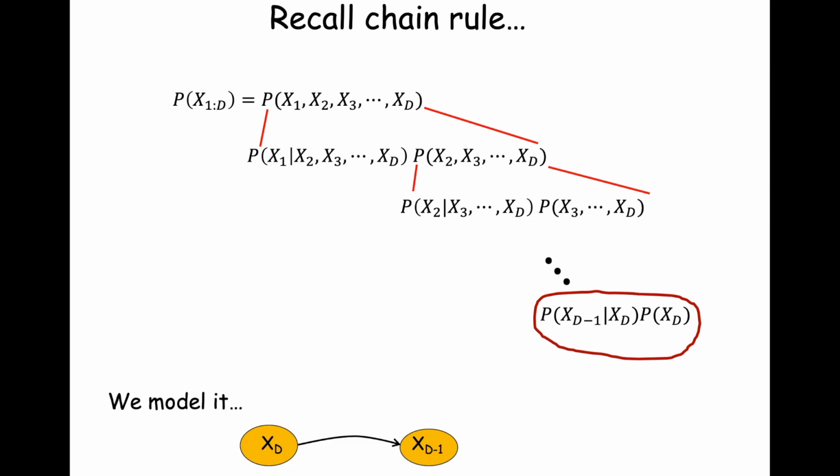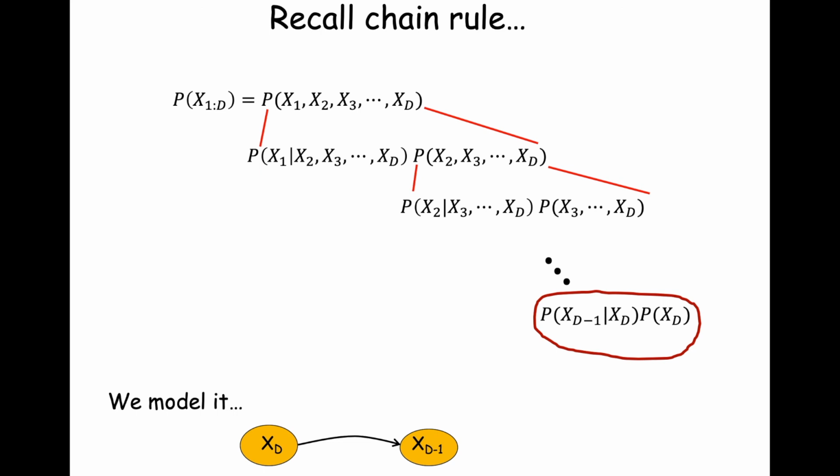And so how we'd model this is we would have our node for variable xd, that is the condition, and we draw an inbound directed edge to xd minus 1.